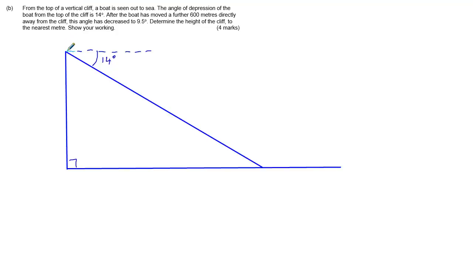Now, a bit later on, it's moved out to here, and this is 600 meters, and this angle here is 9.5 degrees, meaning the angle here would be 4.5 degrees.